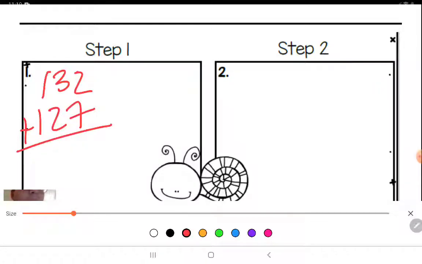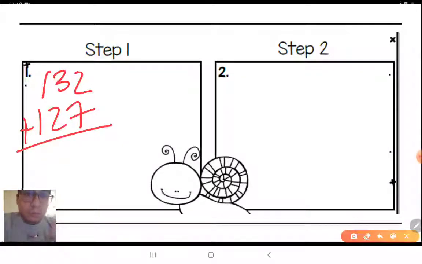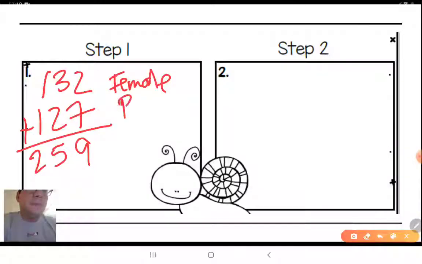I know that I need to add 3-digit numbers here. So I'm gonna add now 2 and 7 is 9, 3 and 2 is 5, 1 and 1 is 2, 259 carrots is the female bunny.